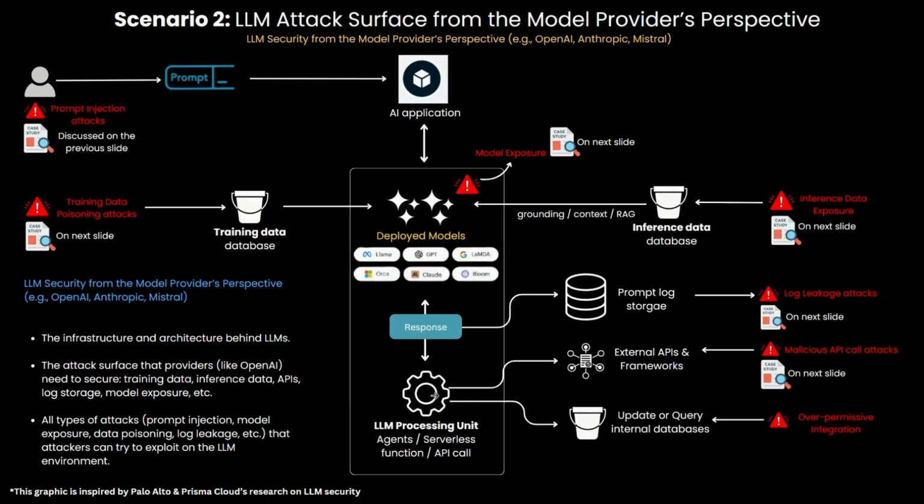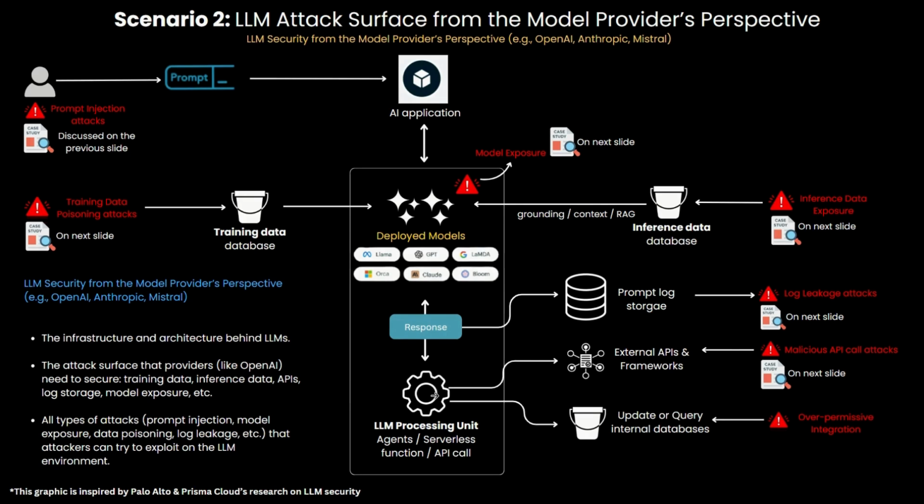Now, in setups using RAG, that is Retrieval Augmented Generation, this processing unit might also query internal databases or reach out to external APIs and frameworks, for example, for pulling HR data internally or calling an external stock price API. So retrieval augmented generation is when you want to enrich your response, when you want to refer to some internal documents, some databases, when you are giving your response. That is what RAG is, retrieval augmented generation.